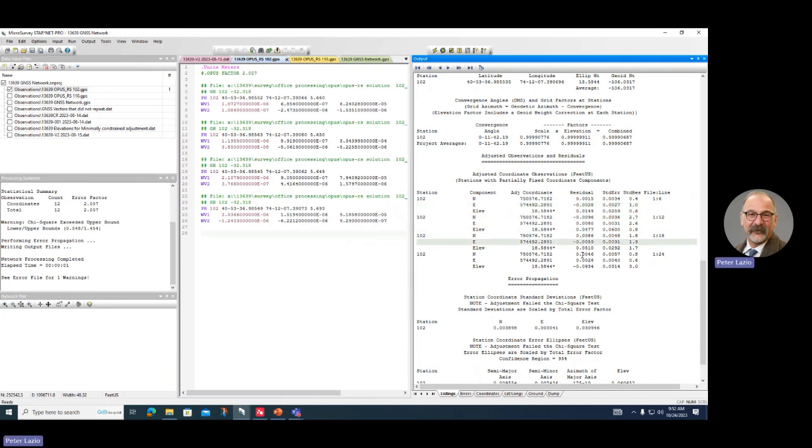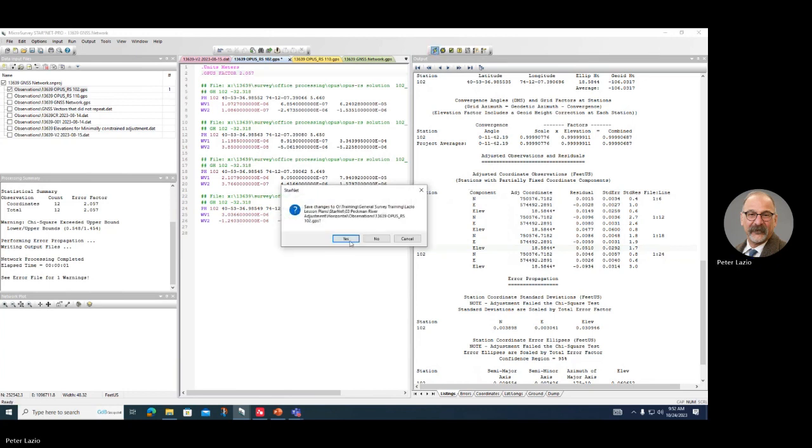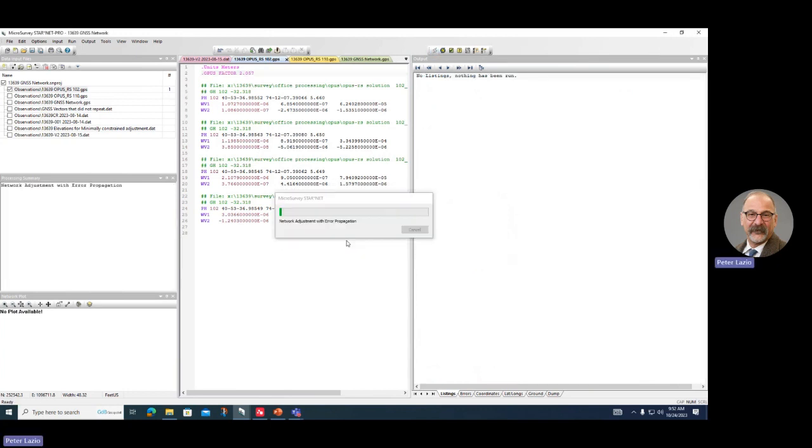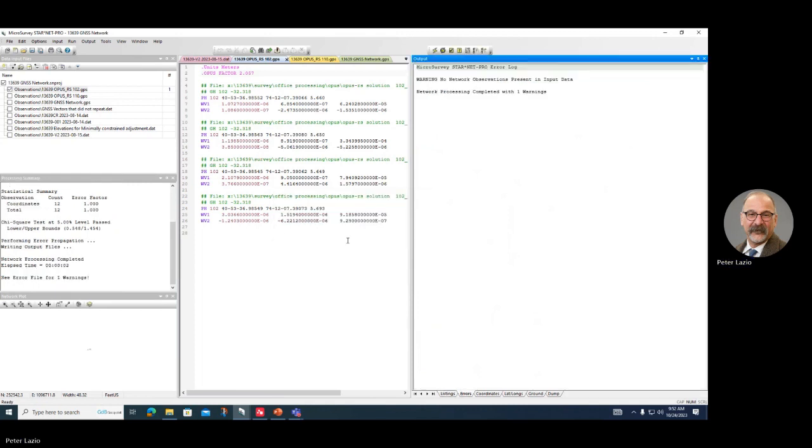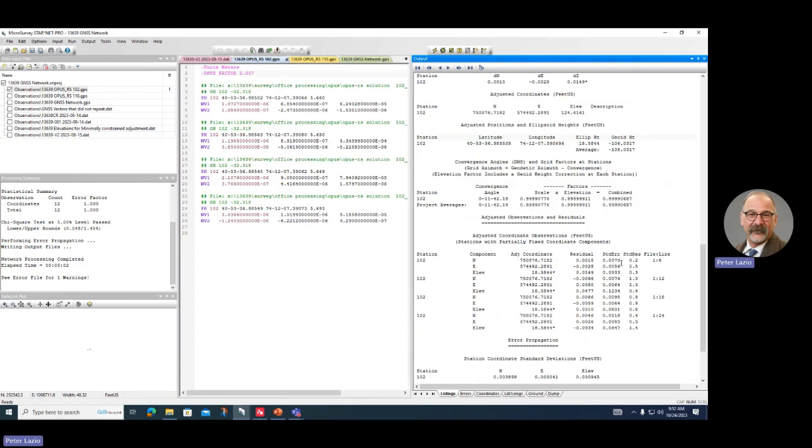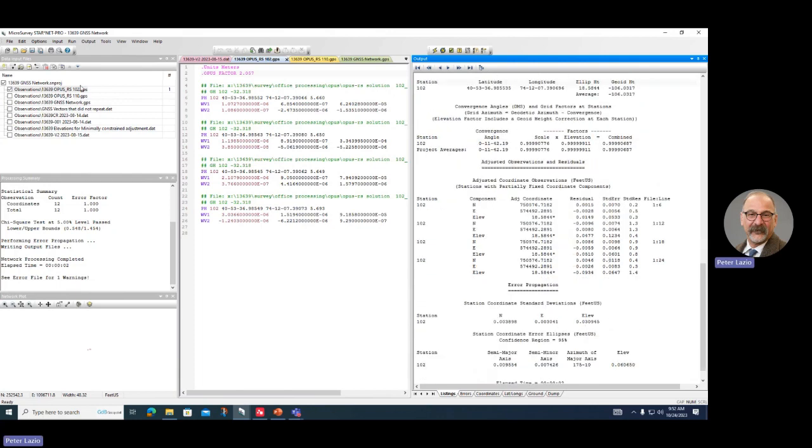None of these look out of line. We have the OPUS error factor of 2.057. They come out for 1. No outliers flagged.